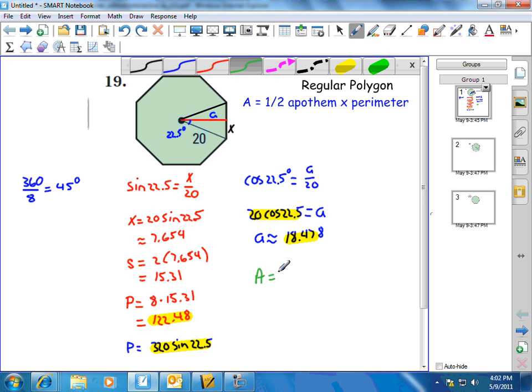So area is 1/2 times the apothem, which is 20 cosine 22.5, times the perimeter, 320 sine 22.5.